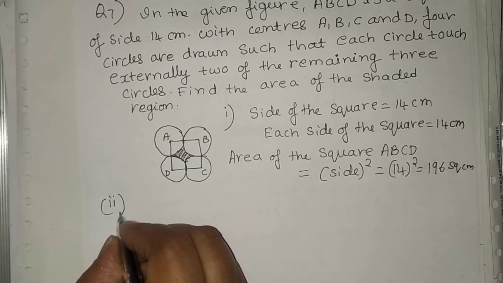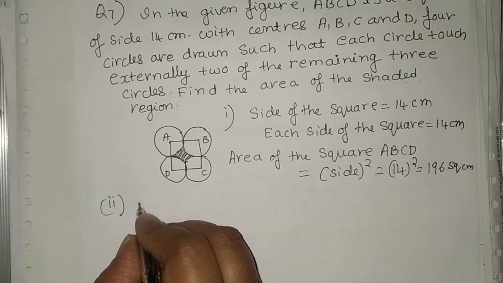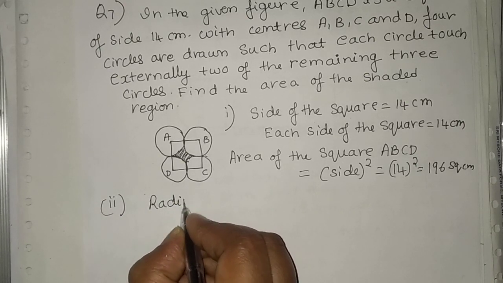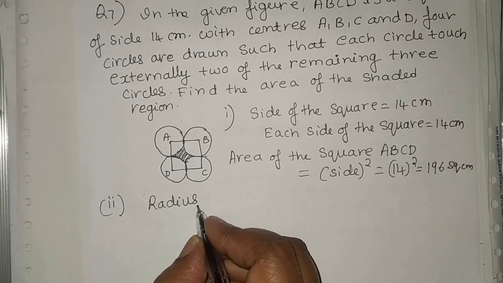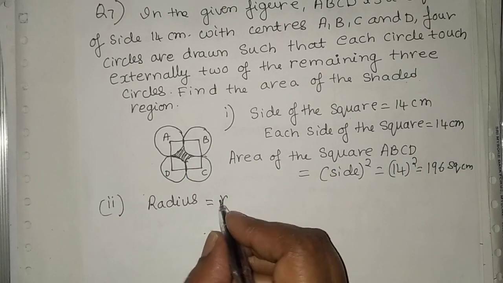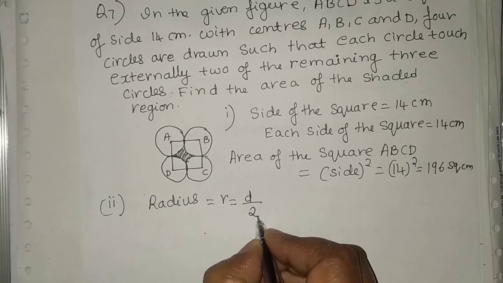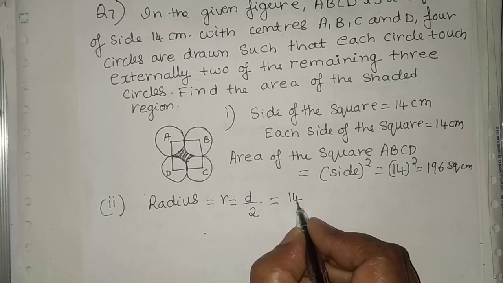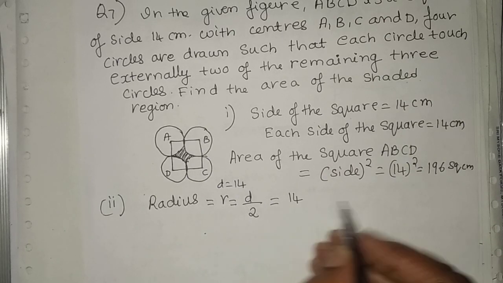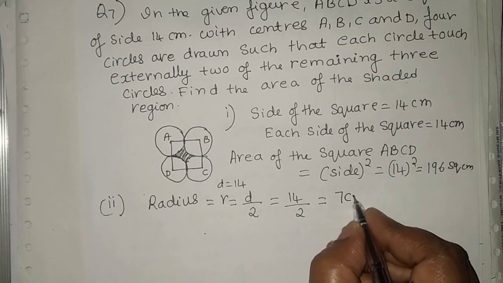Now this is the first part of the solution. So now we'll take the radius. What is the radius here? Radius is r. Taking d as 14, r is d by 2, that is diameter by 2, 14 by 2, which is equal to 7 centimeters.